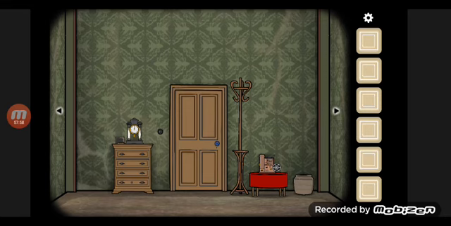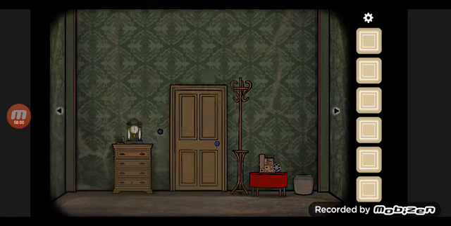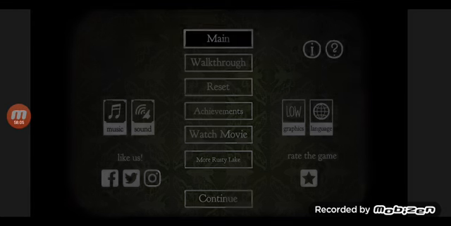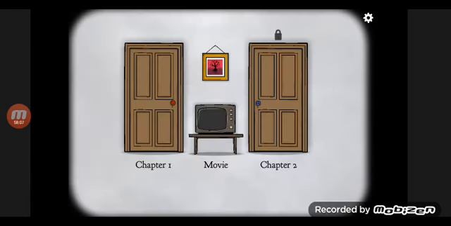Now, of course, there are some notes here also. So we'll need to go to chapter 1.